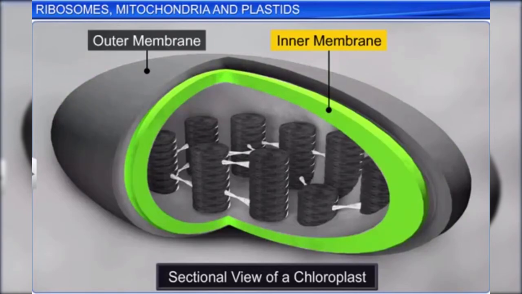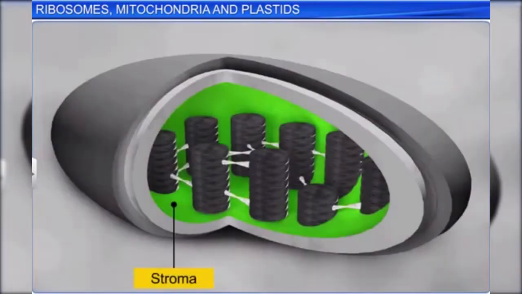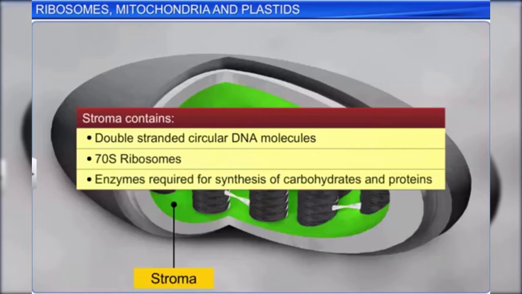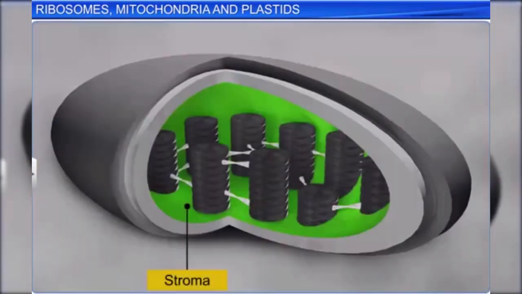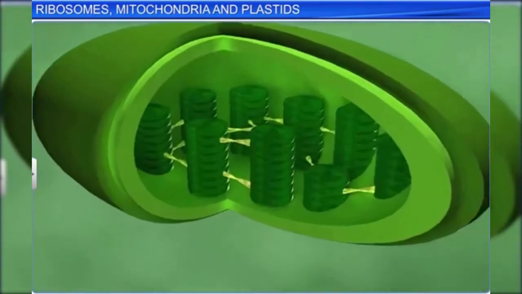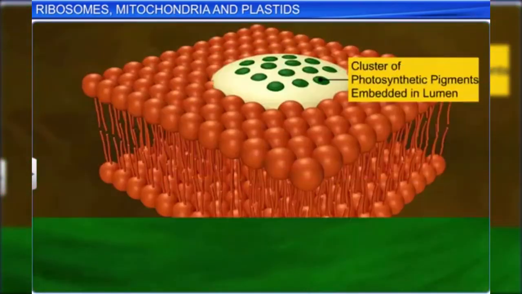Stroma, the space enclosed by the inner membrane, contains double-stranded circular DNA molecules, 70S ribosomes, and enzymes required for the synthesis of carbohydrates and proteins. Stroma also contains thylakoids, flattened membranous sacs containing chlorophyll pigment in their lumen, the space enclosed by the thylakoid membranes.